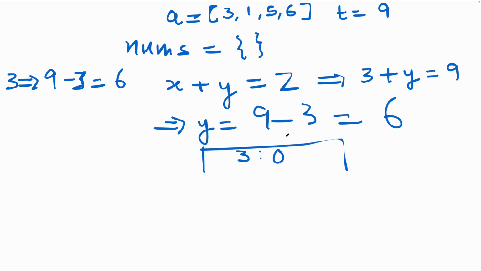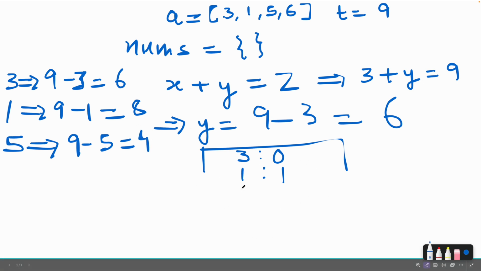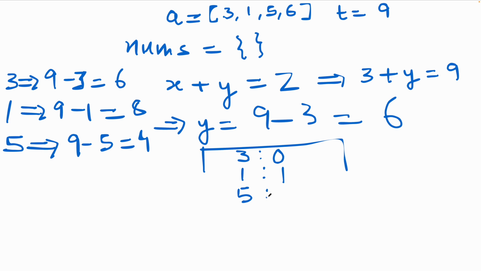Now we go to the next index position, 1, where we have the number 1. We find the difference with 9, and 9 minus 1 is 8. Again, 8 doesn't exist in the dictionary, so we put 1 with its position, which is 1. Now the next element is 5. The difference is 9 minus 5, which is 4. 4 doesn't exist in the dictionary, so we write 5 in our dictionary and save its position as well, which is 2.